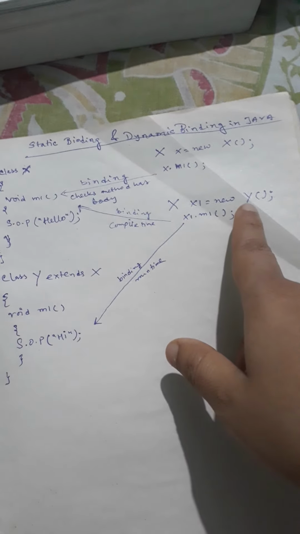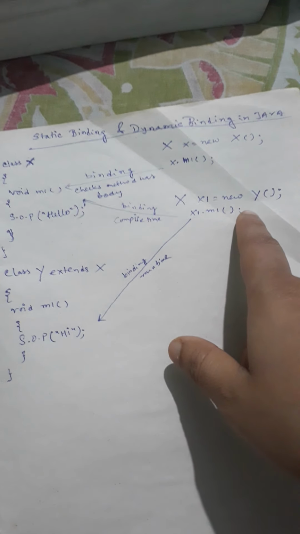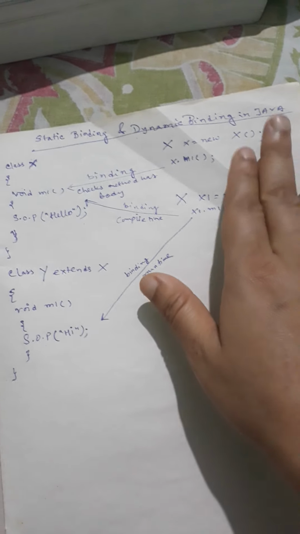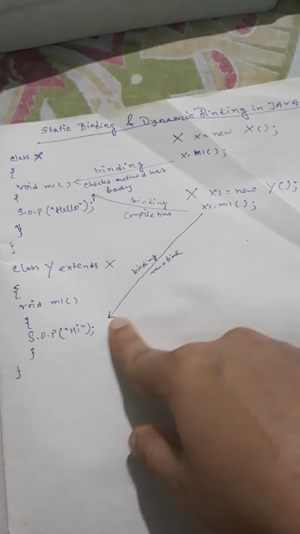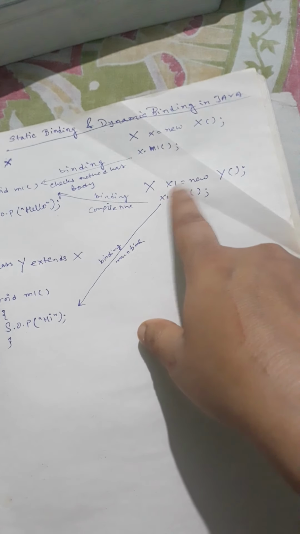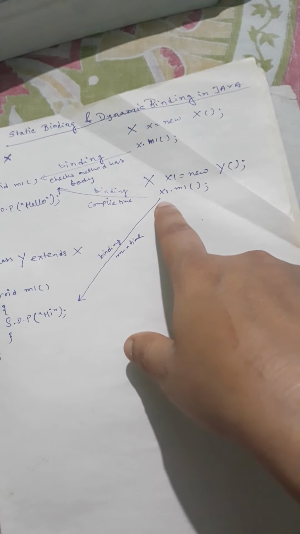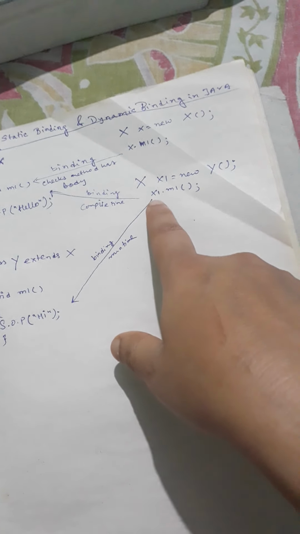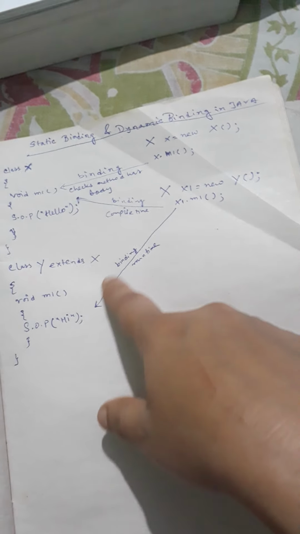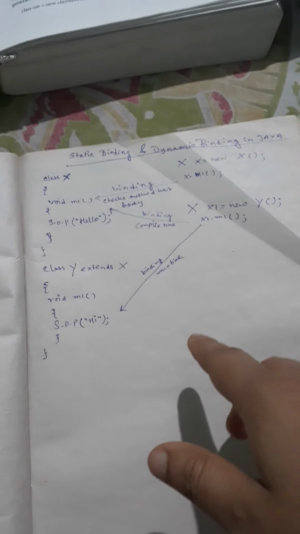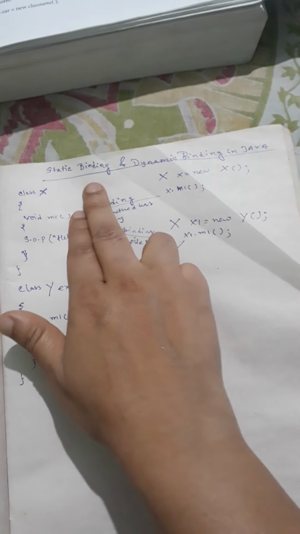And after running these things, it will happen at runtime, because we know that this is the object of constructor Y, and this object calls the method of constructor Y. So this is basically static binding.